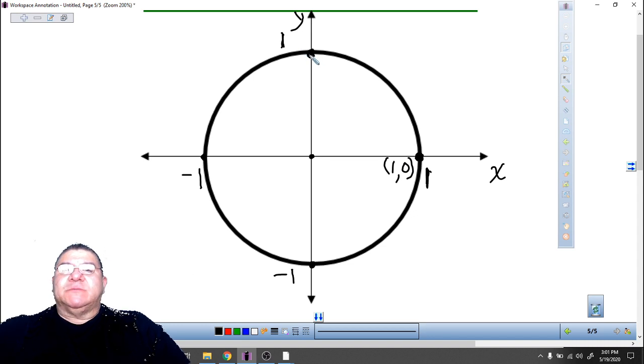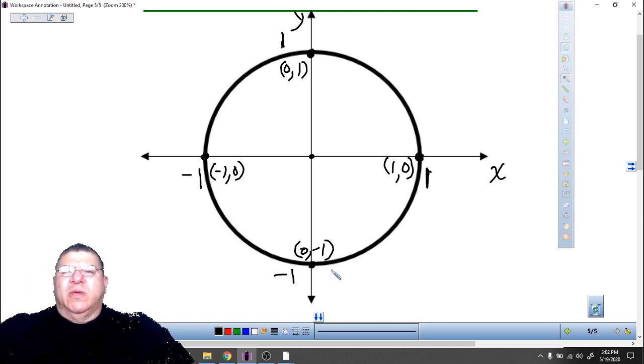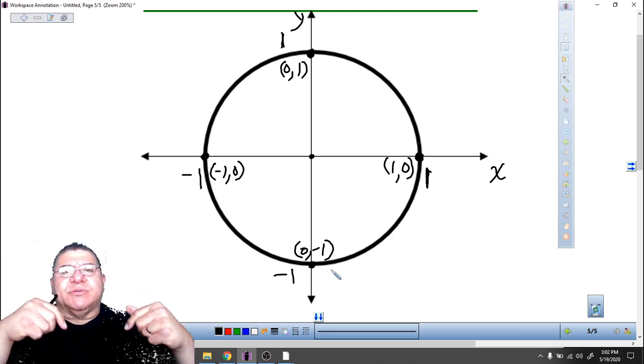How about this point? 0 of x and 1 of y. Okay, how about this point? Negative 1 of x and 0 of y. How about this point? Yeah, 0 of x, negative 1 of y. Okay, we got this, yes? So that's a unit circle.